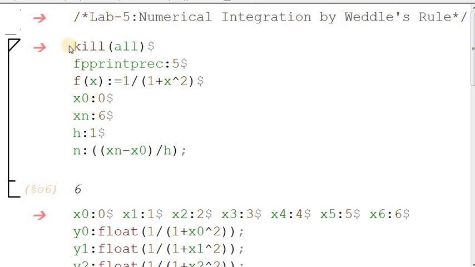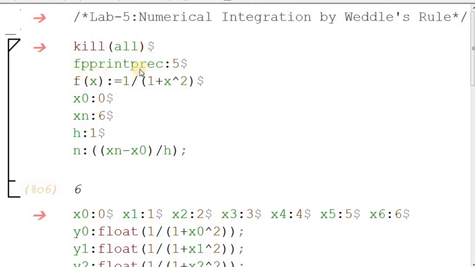Now as usual, kill(all) is used to erase all the data which has been done earlier. Suppose we are writing a number of programs in a single window, then kill(all) is used to erase all the earlier data of the programs. So we have to write kill(all) followed by a dollar sign.